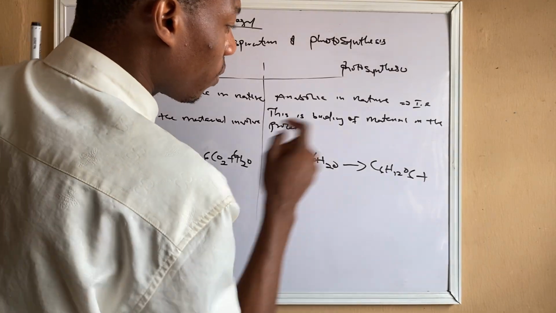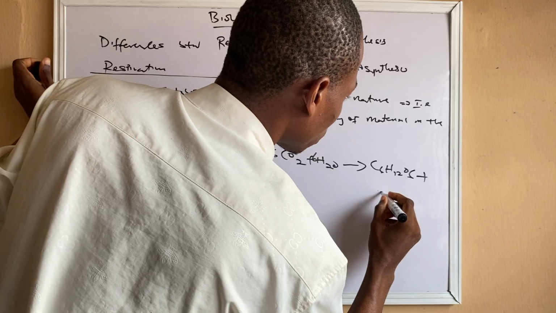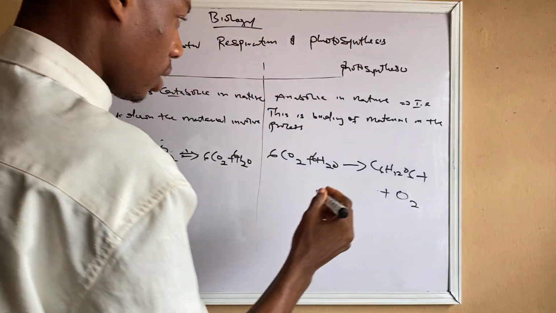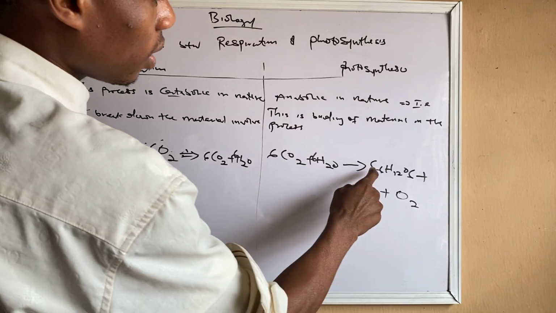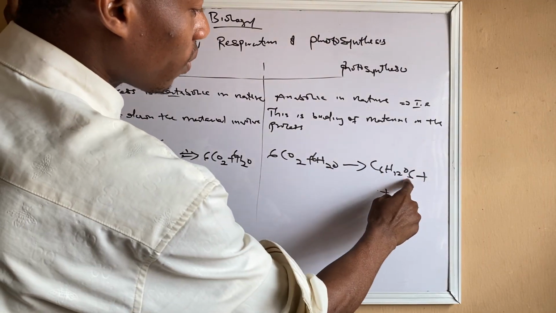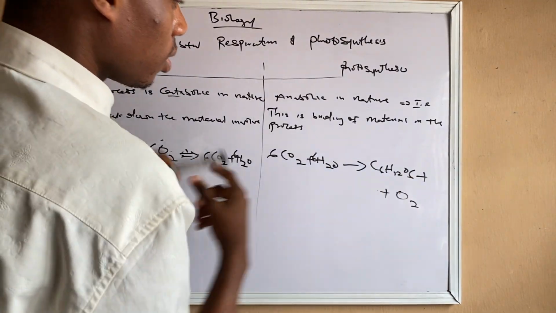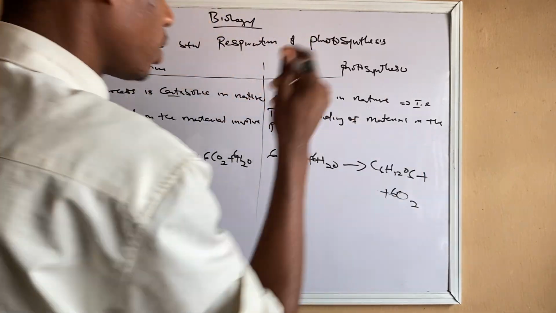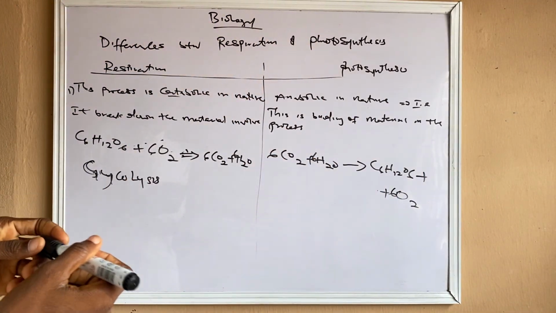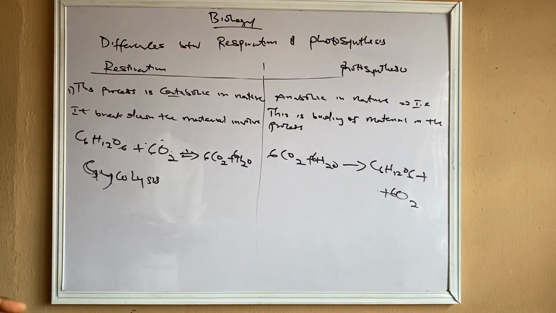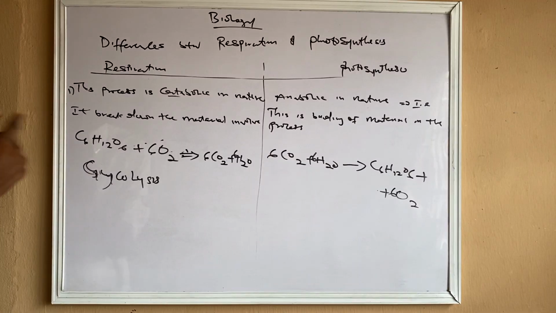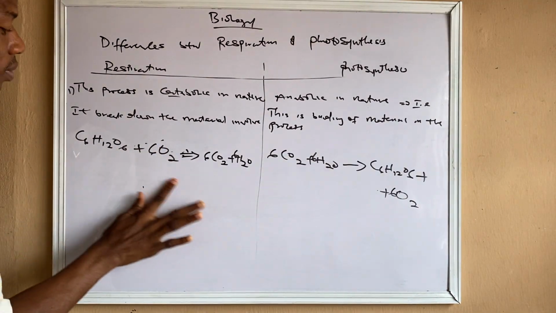So here we're having O2, right? Good. So we're having 6 here, so let us complete it, 6O2, 12, 18, and that's our complete reaction. Do you get that? Good. So this is number one of the differences.